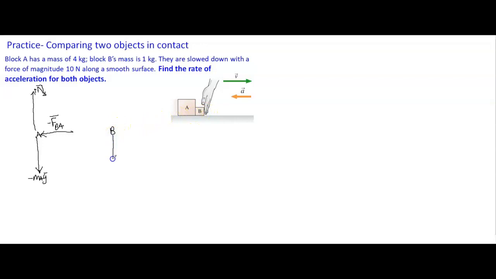So I'm going to have a weight vector pointed down for block B. It's going to be negative. I'm going to have a normal force up for block B. I'm going to have a hand force working on it to slow it down. It's pointing to the left. And I'm going to have block A pushing on block B to the right.